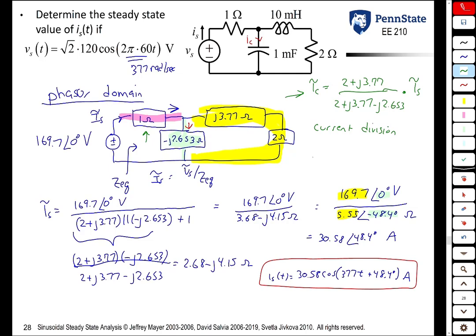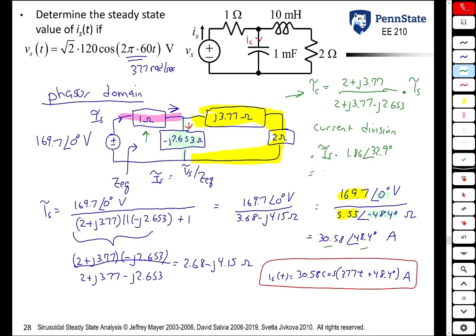You work out the math. This becomes IS phasor times 1.86 and an angle of 32.9 degrees. And IS, of course, was 30.68 at an angle of 48.4.